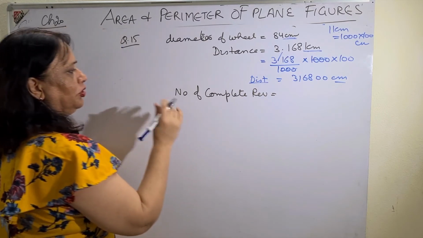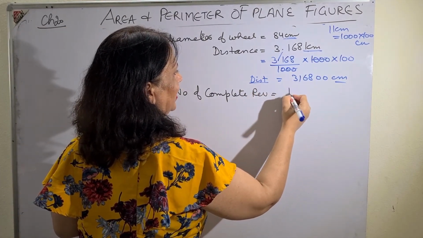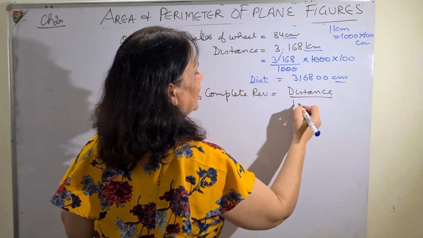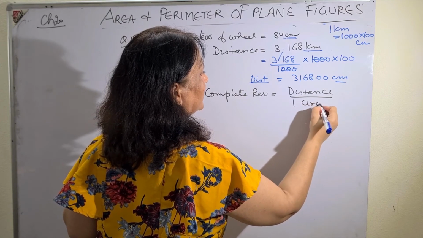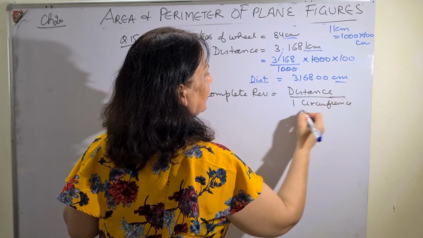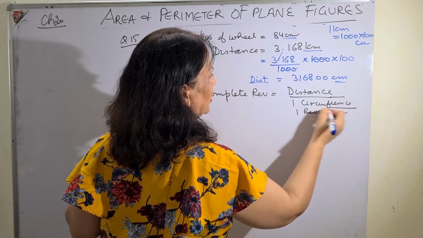The formula you remember for other questions coming in the later exercise: distance over one circumference, or you can say one revolution. And one revolution is always equal to one circumference.